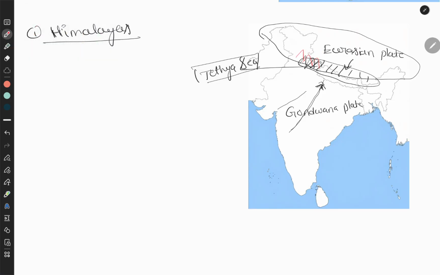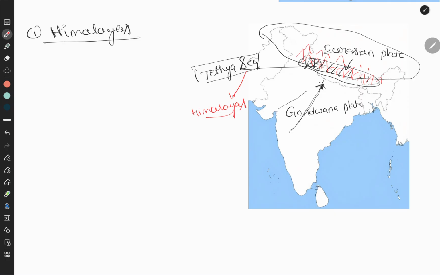These mountains nowadays we call the Himalayan ranges.